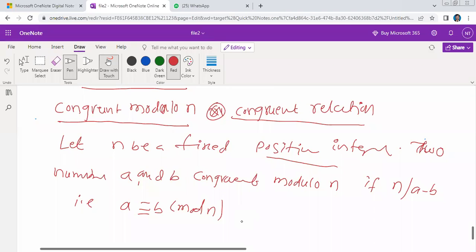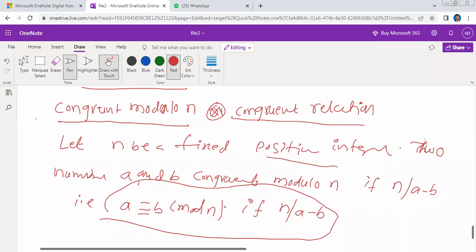a is congruent to b modulo n if... ఎప్పుడు పాసిబుల్ అవుతుంది ఇది? It is possible only if n divides a minus b. This congruence relation is an equivalence relation.